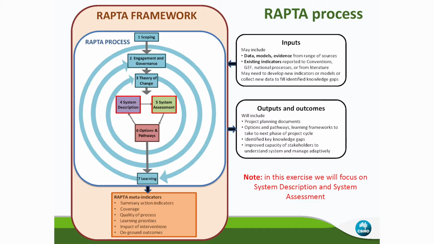And by trying to understand that, from that we can then design implementation activities, which is where we move on into number 6, which is your options and your pathways. But without really understanding what the root causes are of your issues, both your direct and indirect causes, you can often design activities that actually don't really address the issue that you're trying to address. And so that's where the systems thinking comes in.